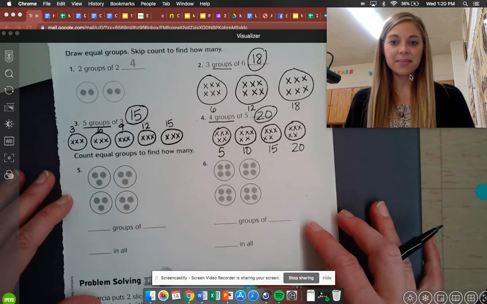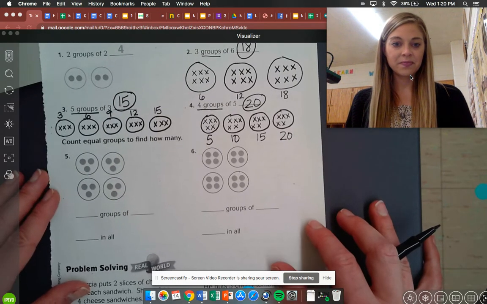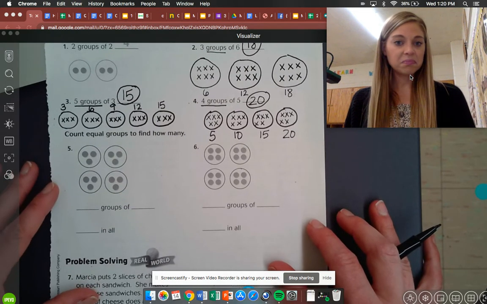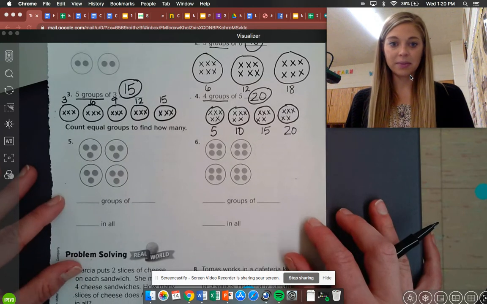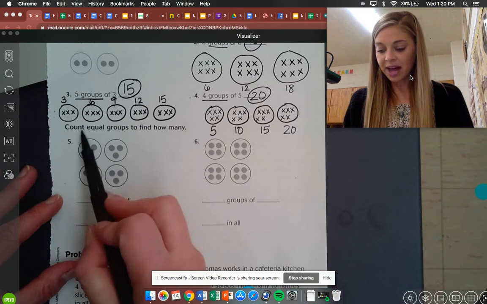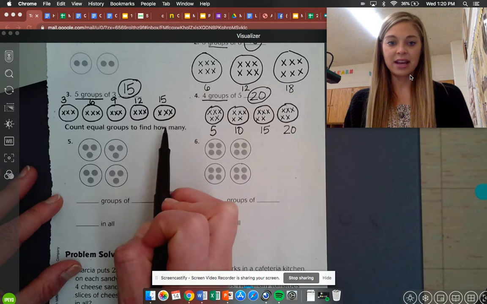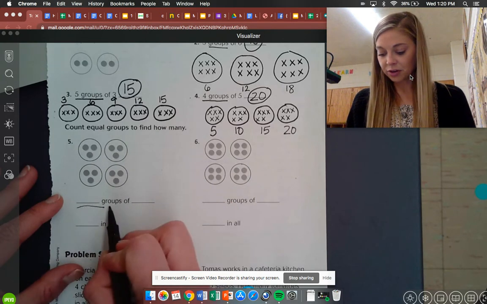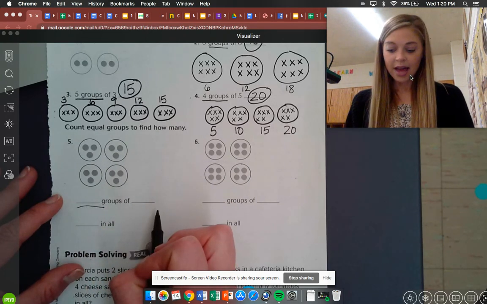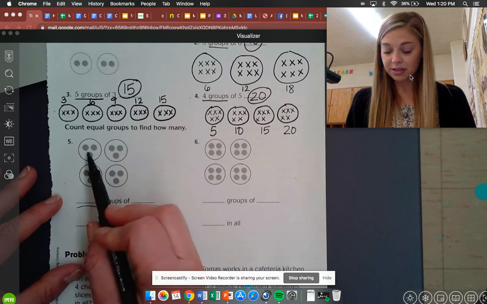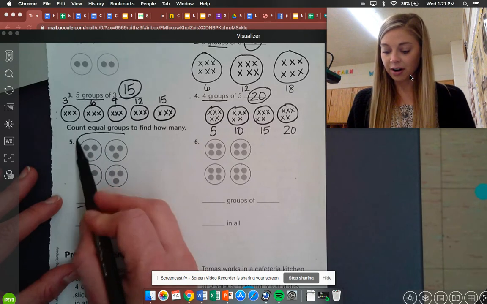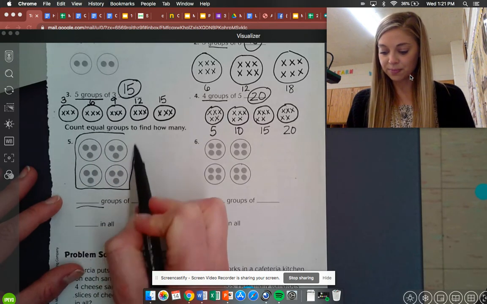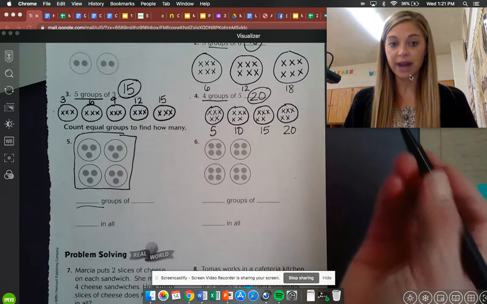Okay, let's go on to number 5. Here we're doing pretty much the same thing. It just looks a little different. So count equal groups to find how many. So blank groups of blank. How many groups do I have here? How many circles do I have with groups?